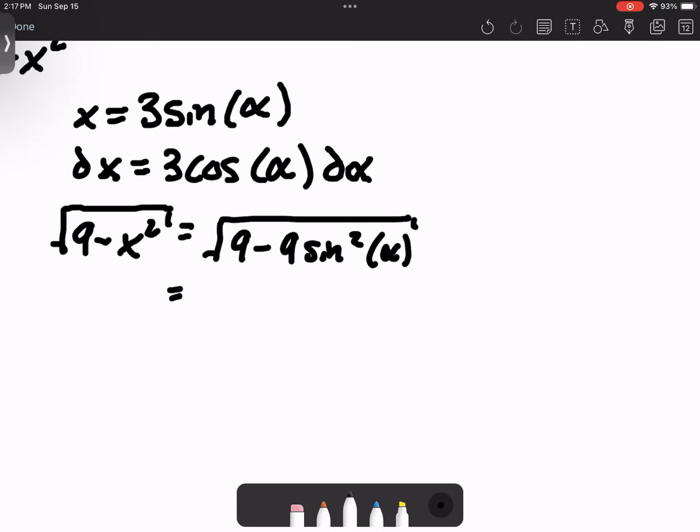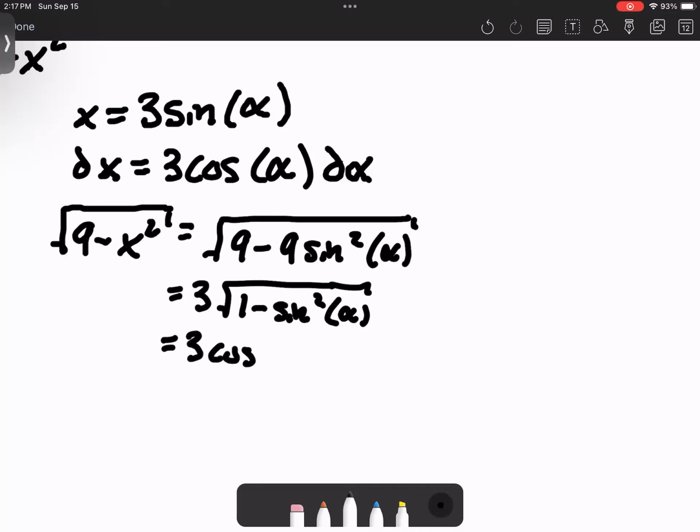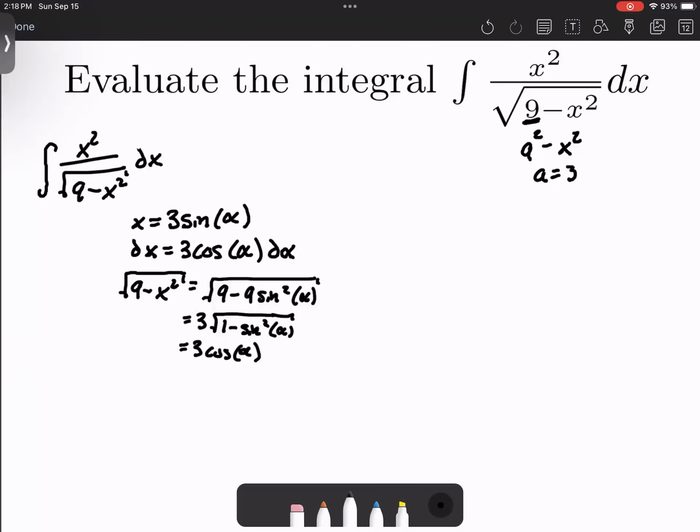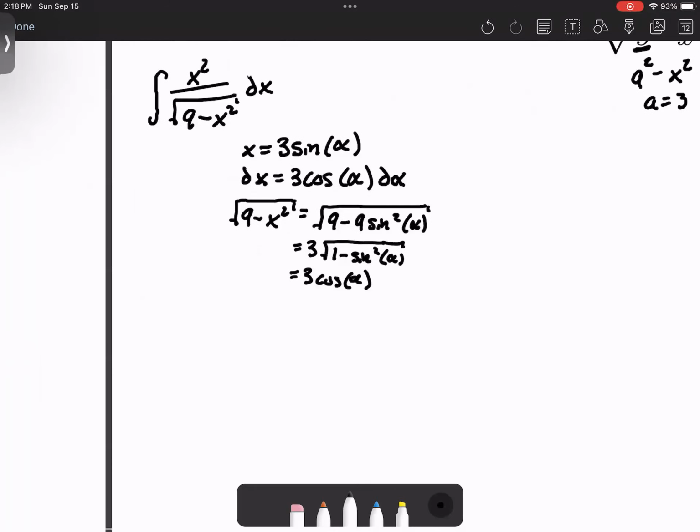And by pulling out a 9 and then removing it from the square root, I have a 3 with a square root 1 minus sine squared, which we can recognize as cosine squared. And when we square root the cosine squared, we just get a cosine. So I can replace the square root of 9 minus x squared with a 3 cosine.